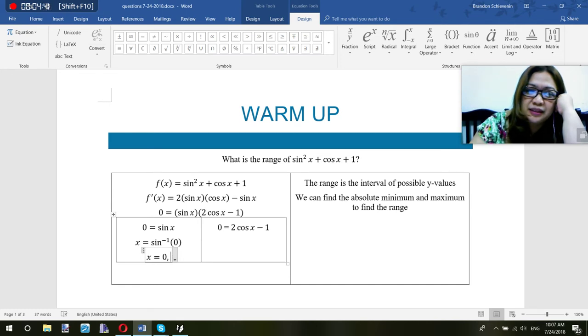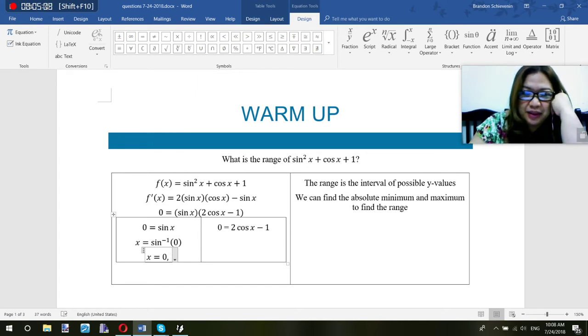What about just pi? 180. Yes, my y is also equal to 0. Okay, so 0, 180, 360. So I've got 0, pi, 2 pi, 3 pi, 4 pi, 5 pi. What's the pattern?